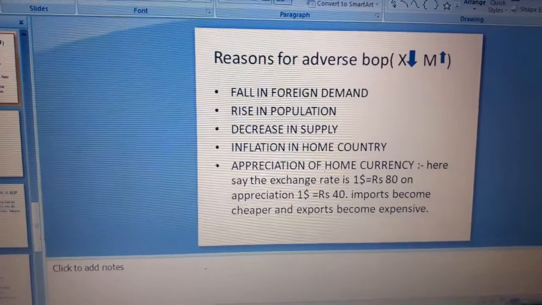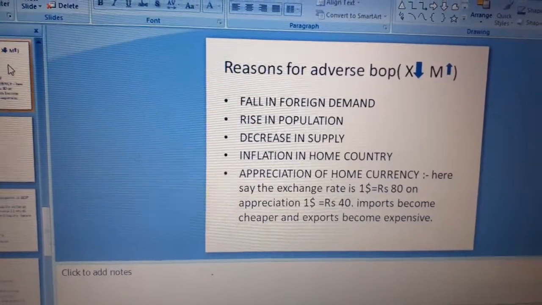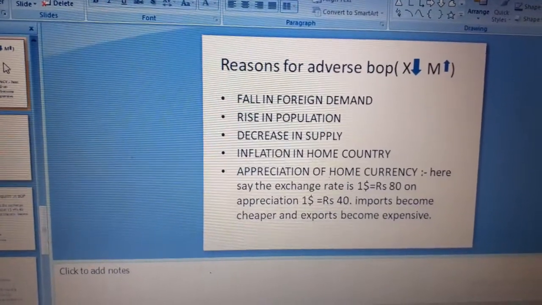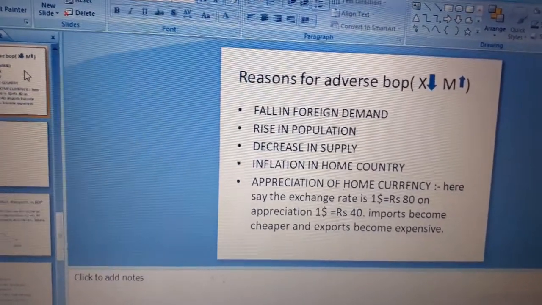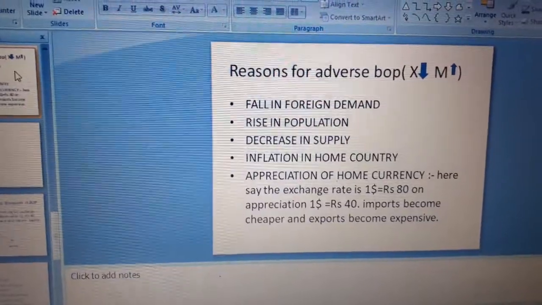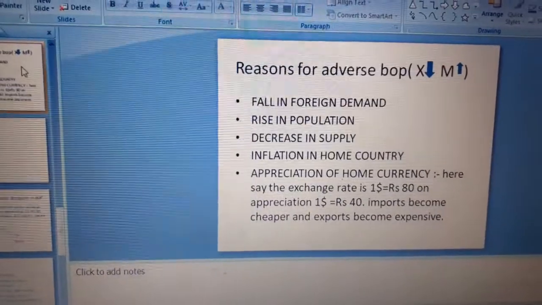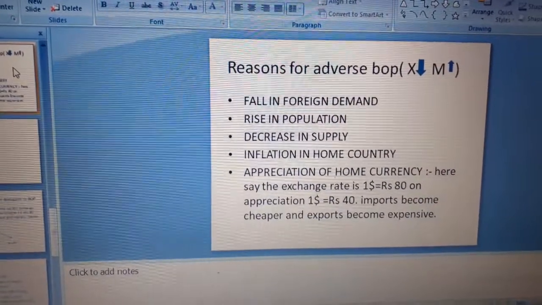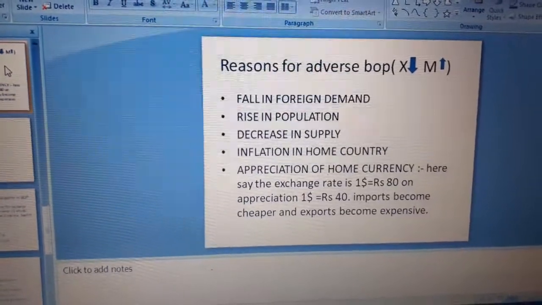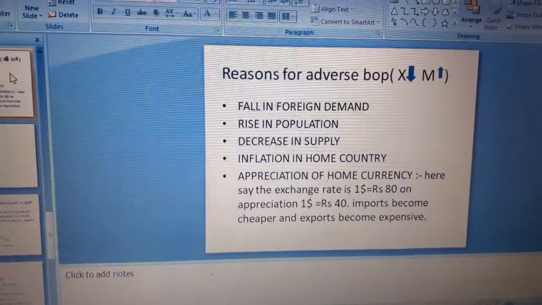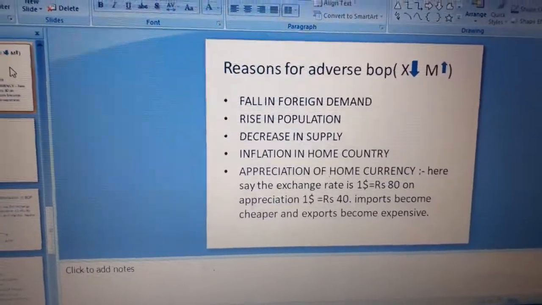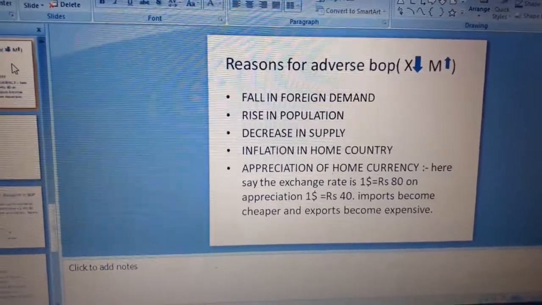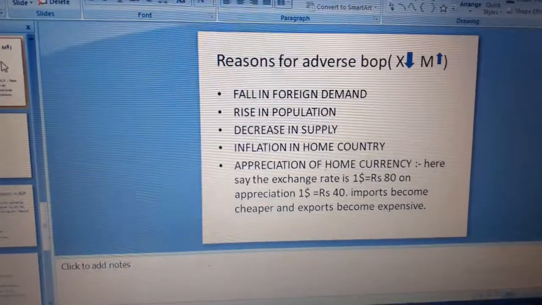Suppose your international price is $1 in the initial case, at 80 rupees. If you still want 80 rupees in the new situation, you'll have to charge $2. So exports become expensive. One easy way to remember is, in the case of appreciation and depreciation, the logic is easy to understand for imports, and the reciprocal happens for exports.